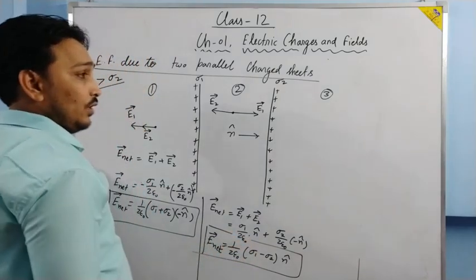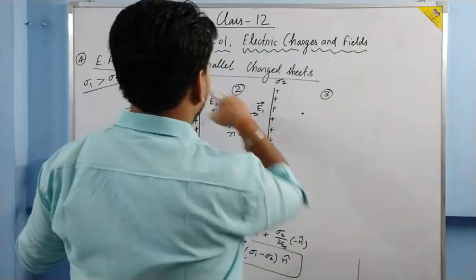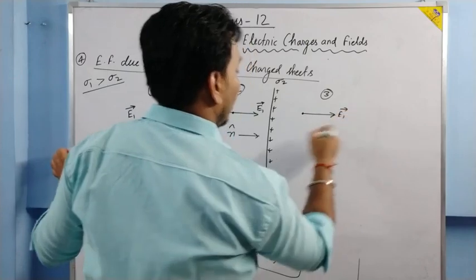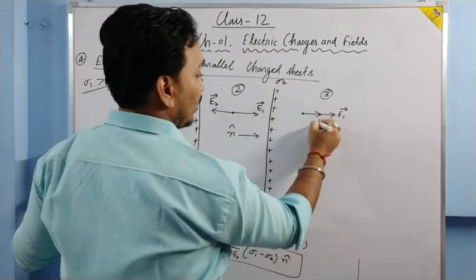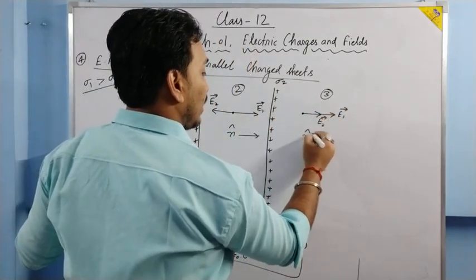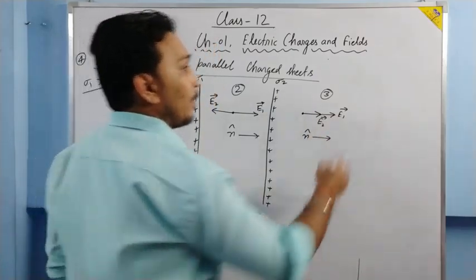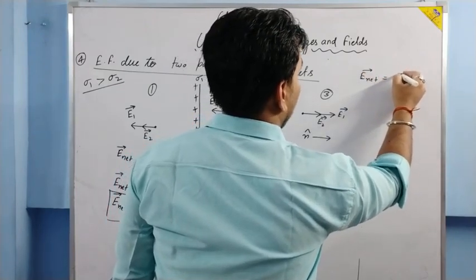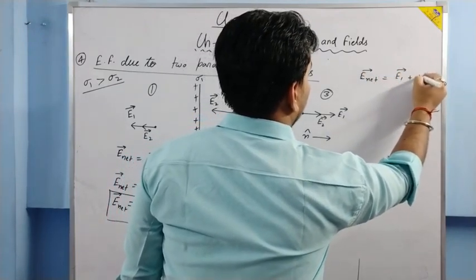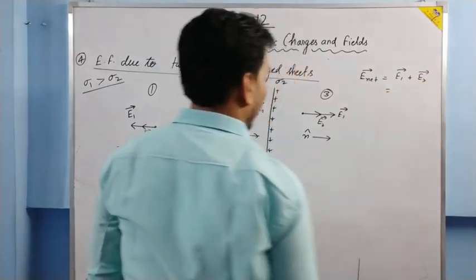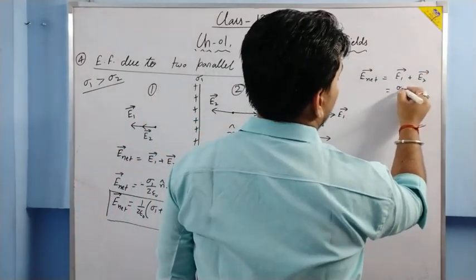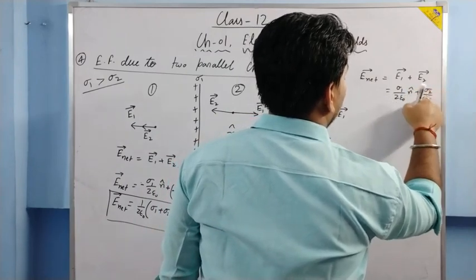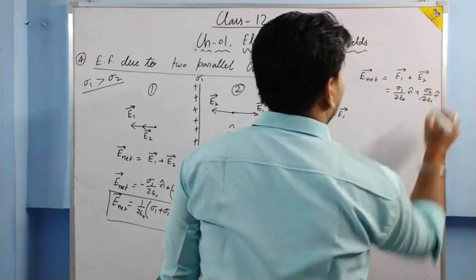Now coming to the third one. Here at this point, electric field due to this sheet will be in this direction, and electric field due to this sheet will be in the same direction. Both directions are similar to the direction of n cap. So here we have E net vector equal to E1 vector plus E2 vector. When we put the values, we have sigma 1 upon 2 epsilon naught n cap plus sigma 2 upon 2 epsilon naught into n cap.